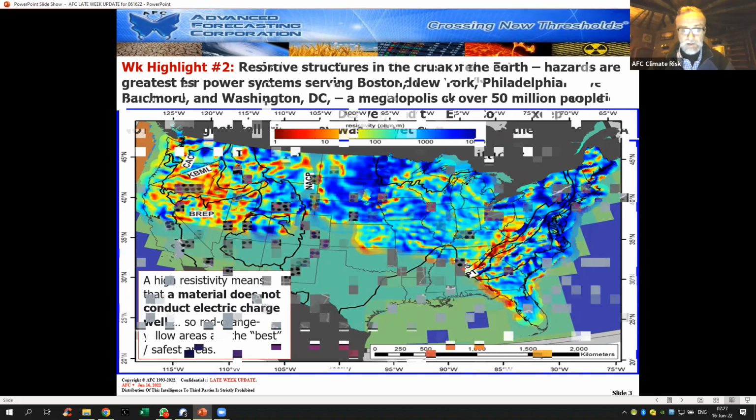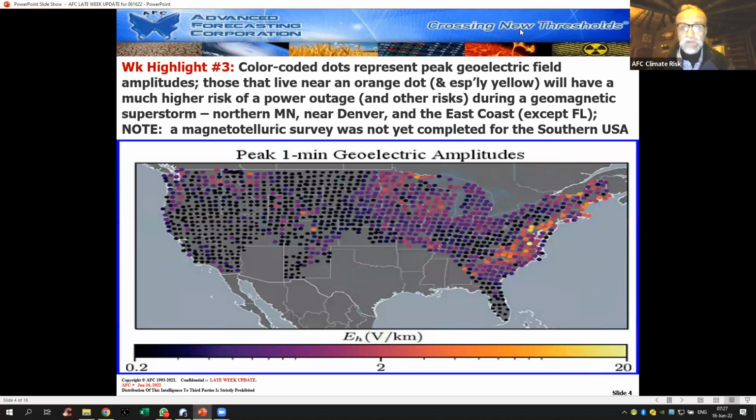All right? And so what this, as per the top 10, and you can check out the link there, they did this study. Now, they haven't finished it in Arizona or in the Deep South. So if you're thinking, hey, what happens to geoelectric fields down there? It's likely that you're going to get an extension of these oranges into cities like Houston and Shreveport, all right?